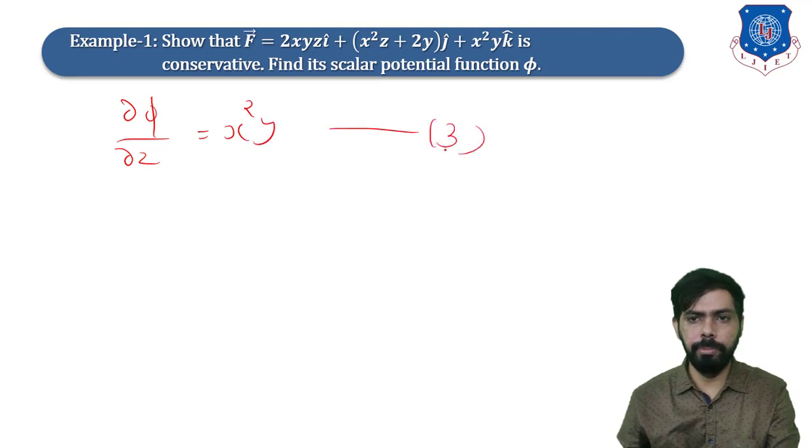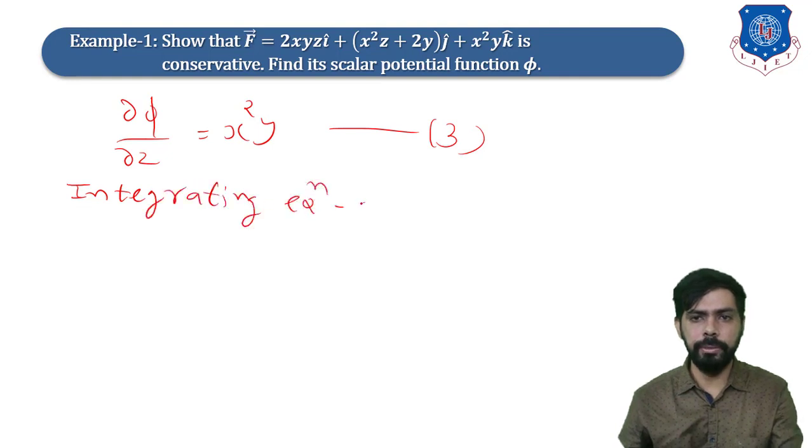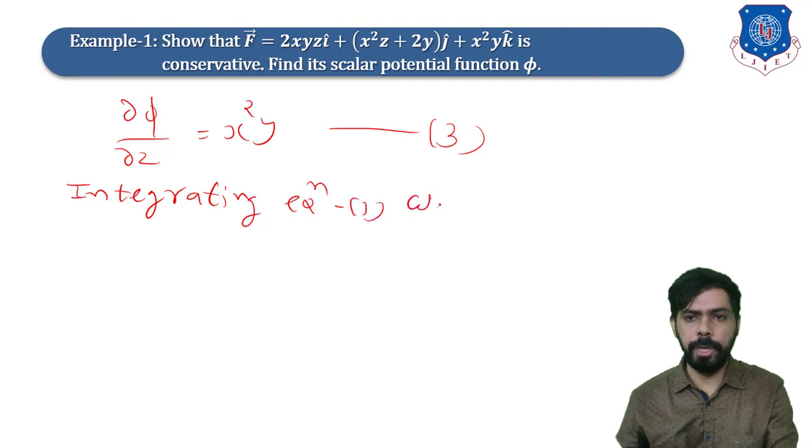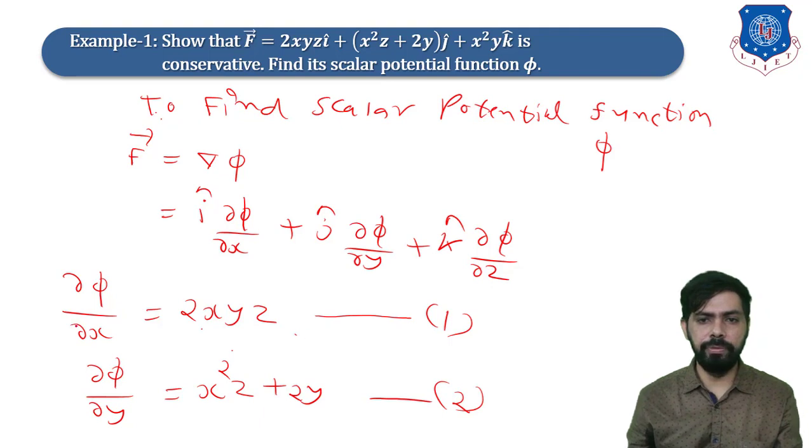Now integrating equation 1 with respect to x. If we take integration of equation 1 with respect to x, then here it will be phi and here 2yz will be as it is, and integration of x with respect to x will be x square divided by 2 plus some function of y and z, because here y and z will be constant.